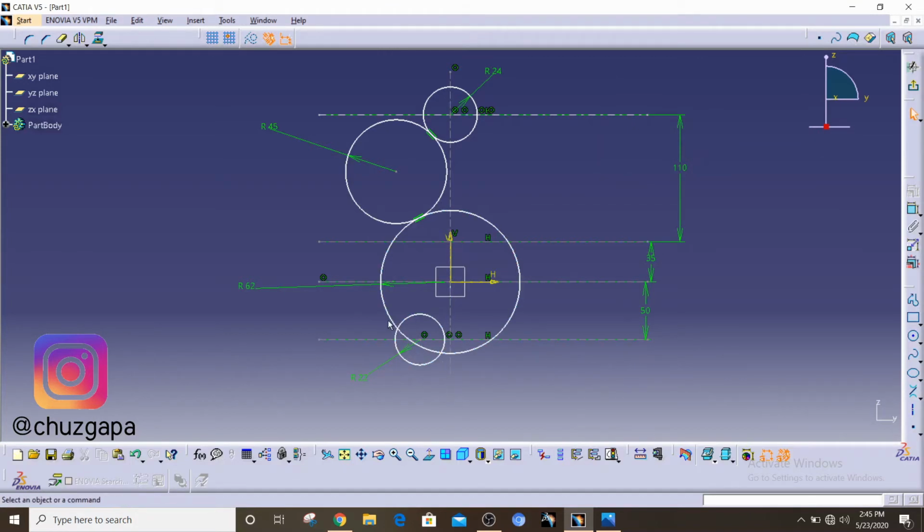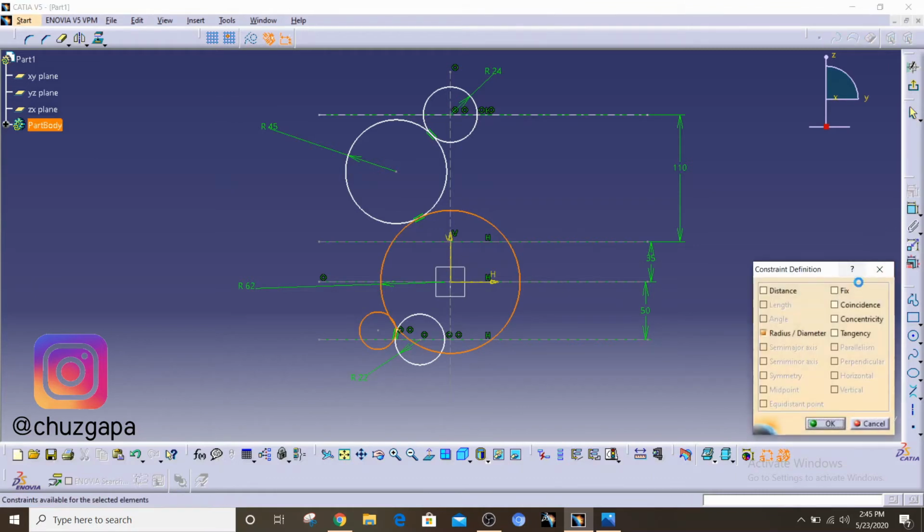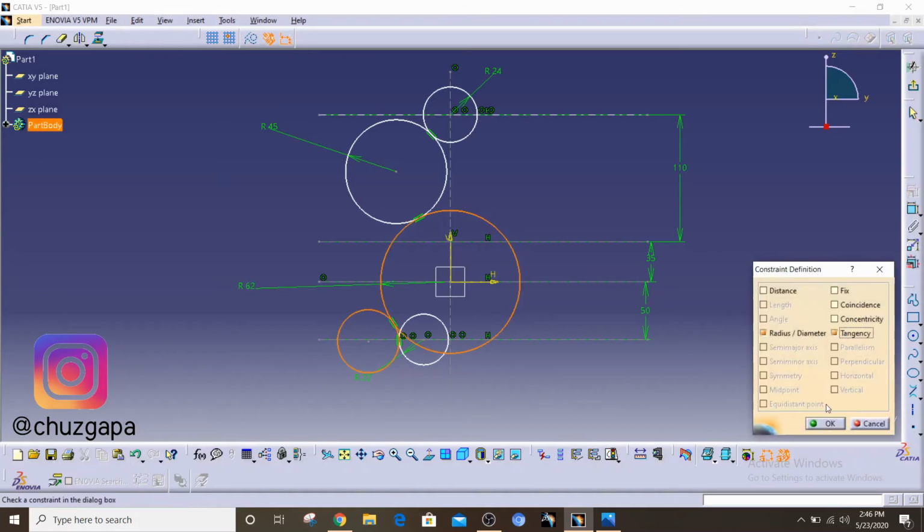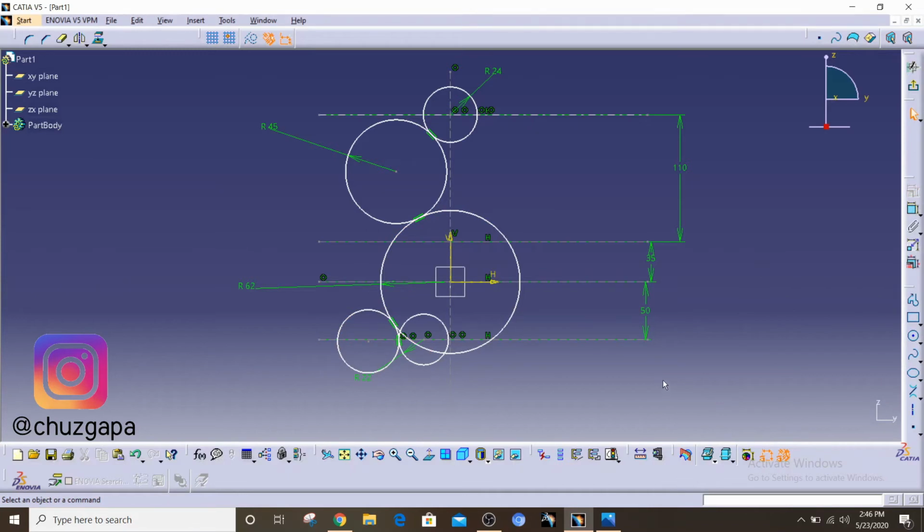And then we have one more circle arc here, which is going to be tangential to both of these circles. So we've got one tangent here, and the other tangent is going to be over here. Oops, sorry. I'll bring it here, and now apply the tangential property. There you go.